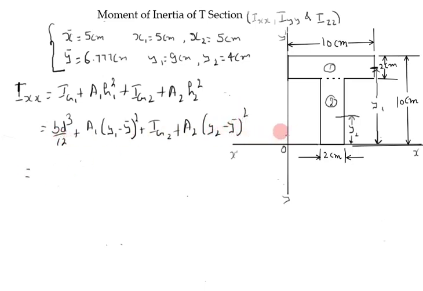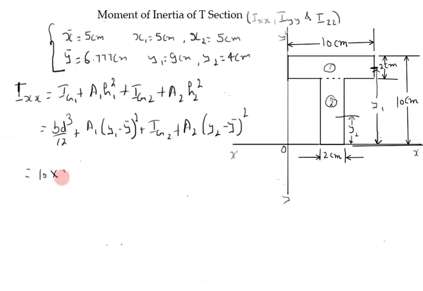Here b is breadth and d is depth. Parallel to the x-axis, b is 10 centimeter, and depth is perpendicular to the x-axis.